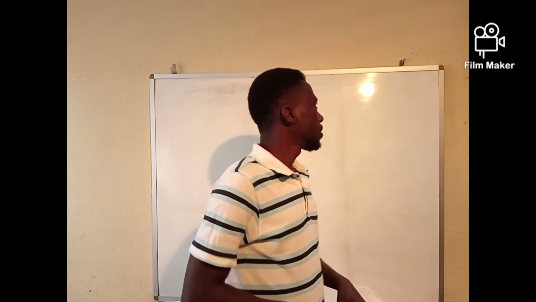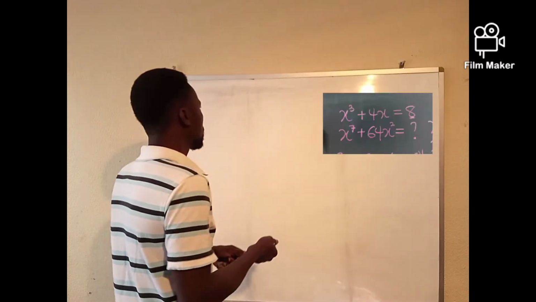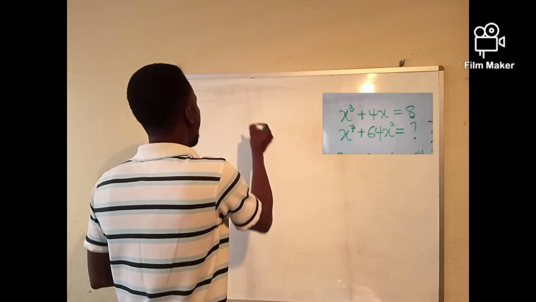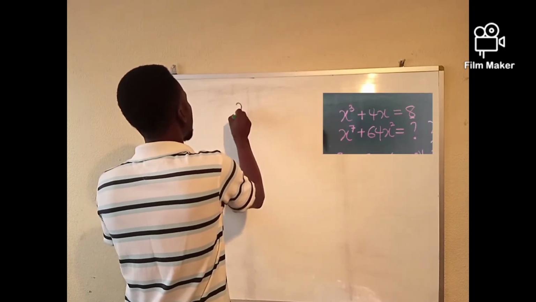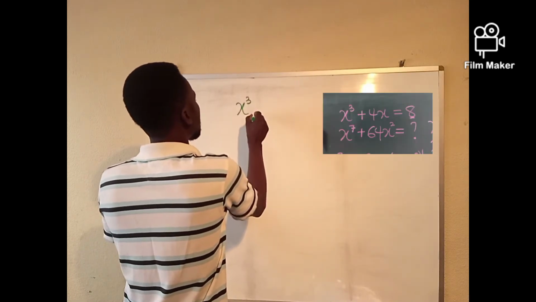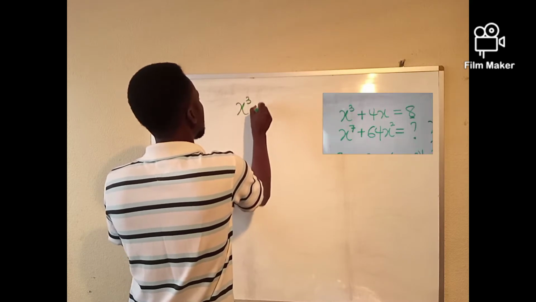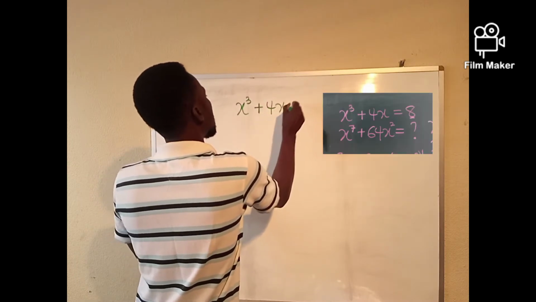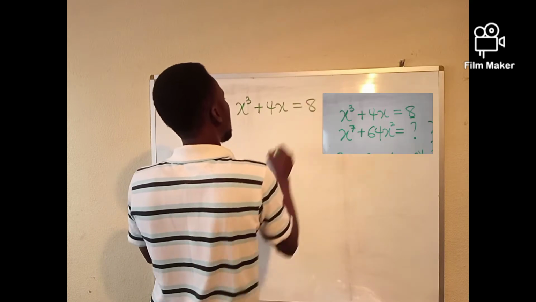All right. Now, can you solve this equation? Now, we have x cubed plus 4x is equal to 8.